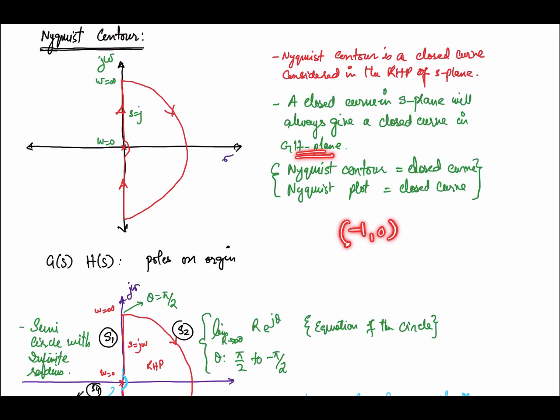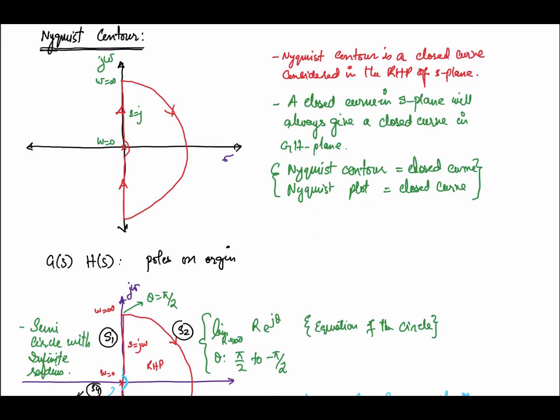So that system will be unstable. So in order to look at the stability, the encirclement about -1 and 0 will be considered. If the system is stable, then there will be no clockwise encirclement of this point.